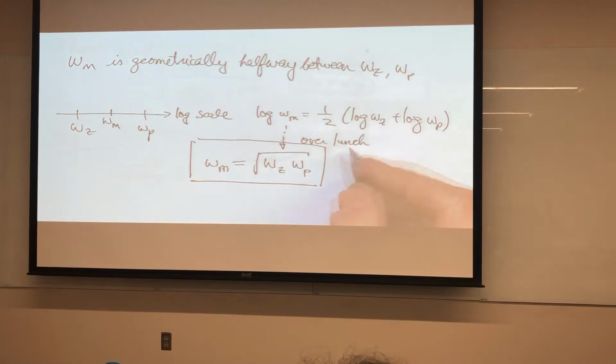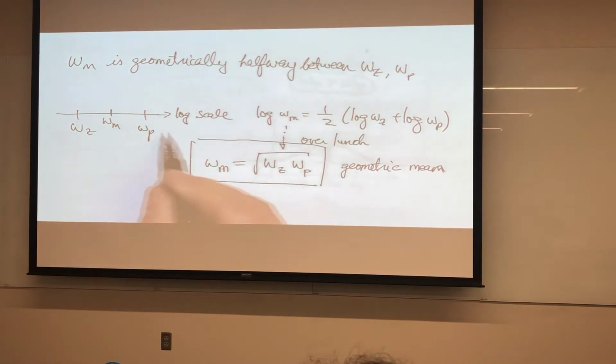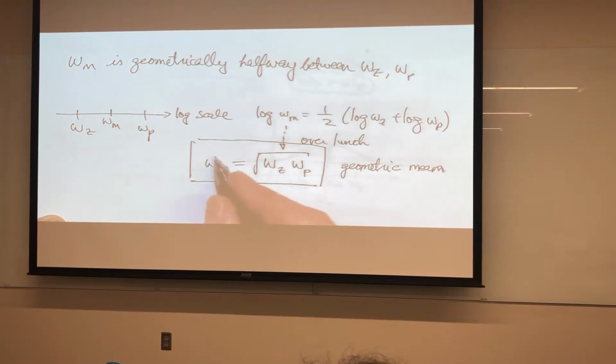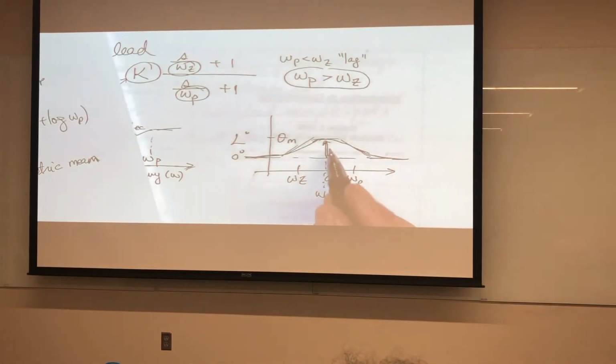It's an average, but it's called a geometric mean. It's not the algebraic mean, it's the geometric mean. From a geometry standpoint, yes, we're halfway in between, but if you undo the log, you come up with this. So this is another equation that we're going to need in design. We need to know where we're going to put our maximum phase lead.